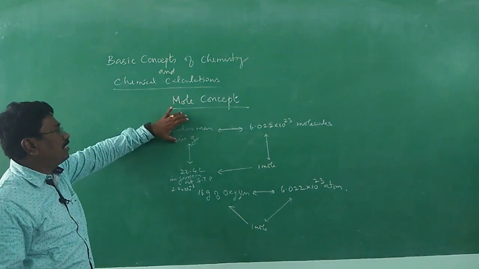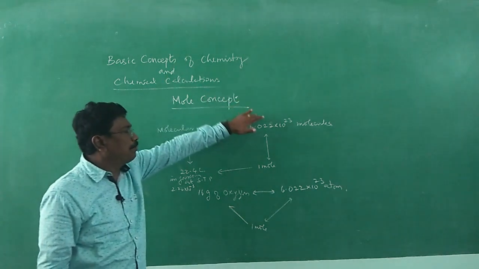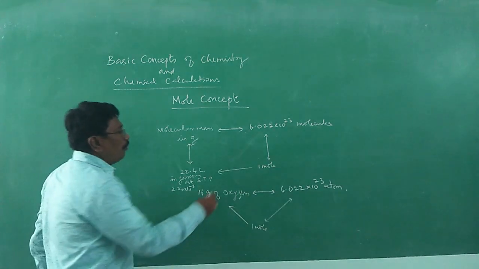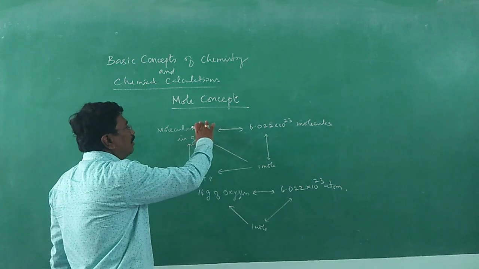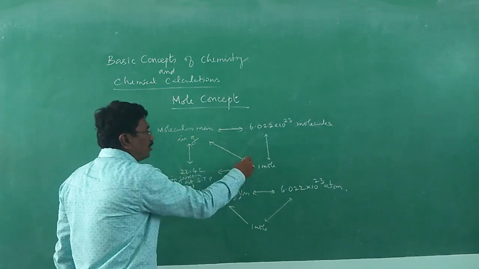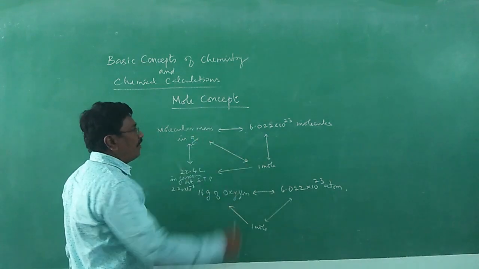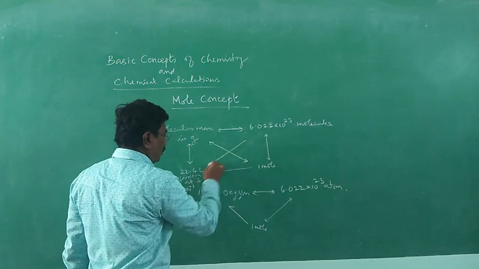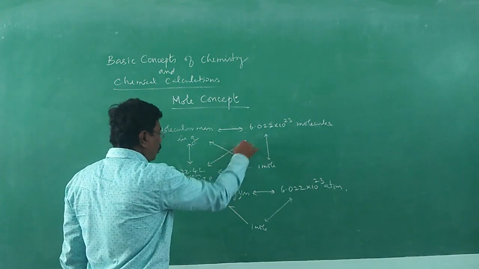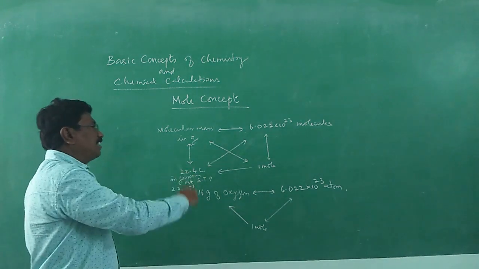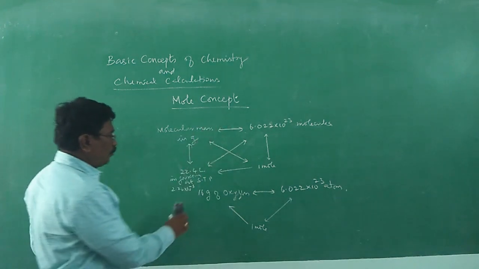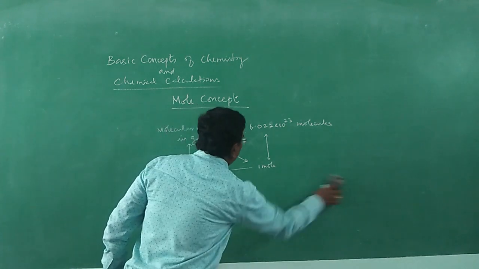And 1 molecular mass of a substance in gram will contain these many molecules. And 1 mole of any substance corresponds to its molecular mass. If I have a molecular mass of substance in gram, it is said to be 1 mole. If I have Avogadro number of gaseous molecules, it will have 22.4 liters at STP. 22.4 liters of any gas at STP will have these many molecules. Those 4 are interrelated, and I can relate like this.